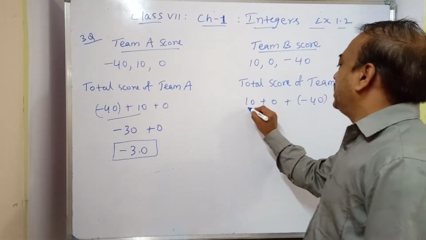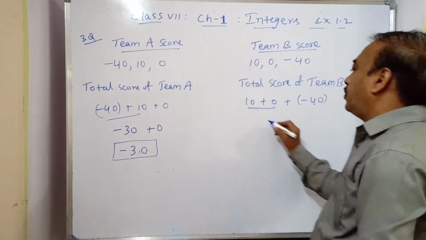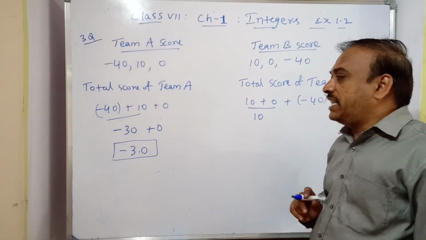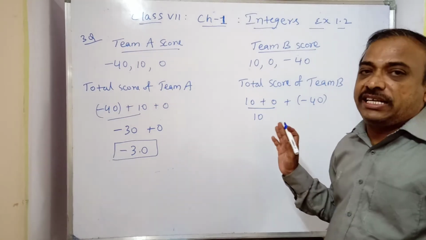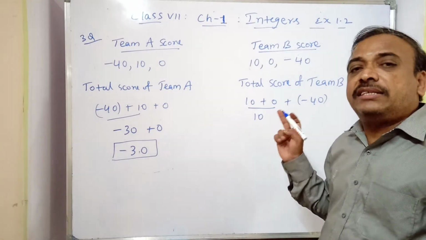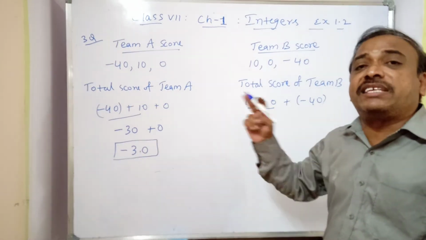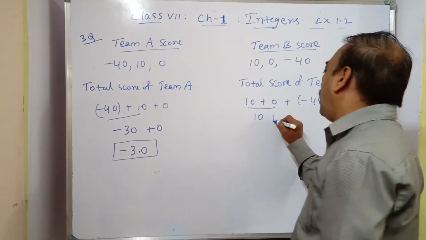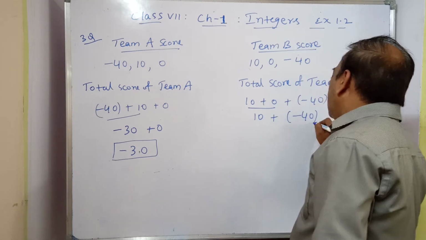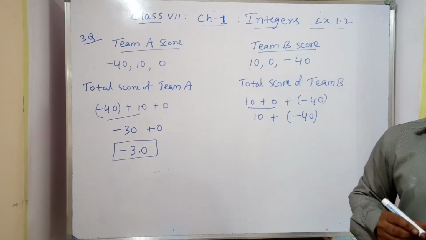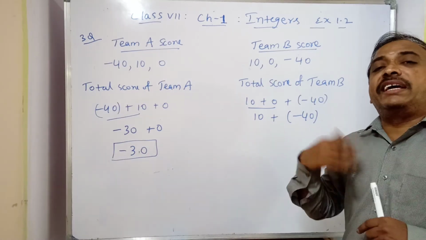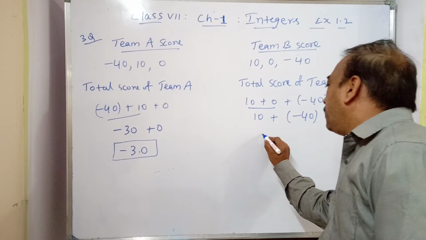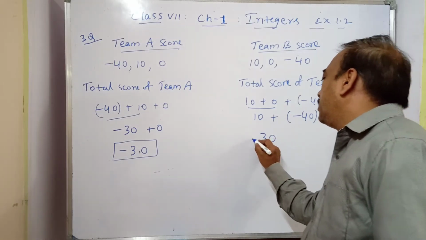First we are adding these two. 10 plus 0 is 10. 0 is the additive identity; when you add 0 to any integer, the result will be the same integer. So 10 plus minus 40. Now we actually ignore the sign and subtract. So 40 minus 10 will give you 30, and put the bigger number's sign, that is minus.